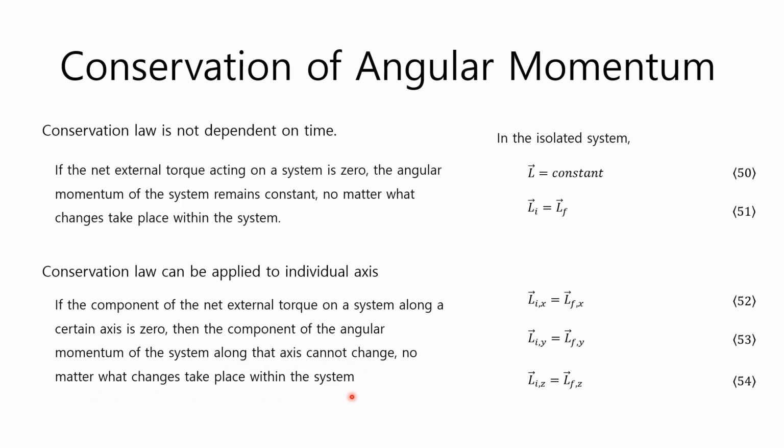The law of conservation of angular momentum can be expressed as equations for each motion that moves in 3 dimensions, as equations 52 for the x-axis, 53 for the y-axis, and 54 for the z-axis. As shown in these equations, the law of conservation of angular momentum can be applied individually for each axis.